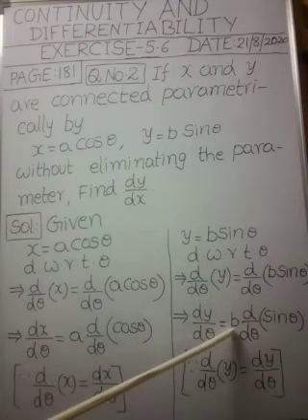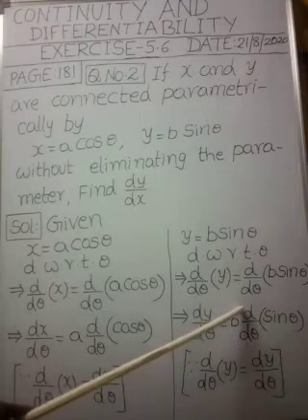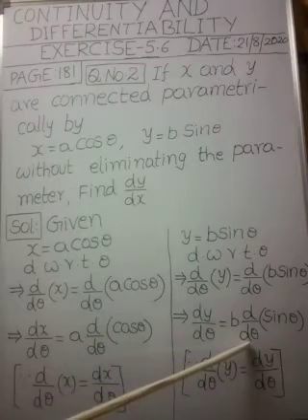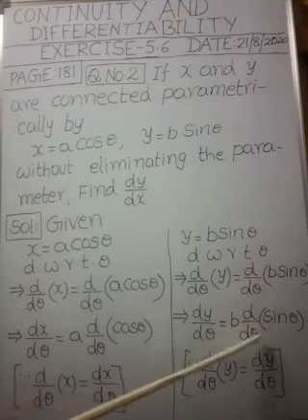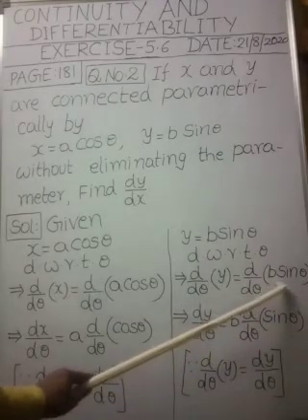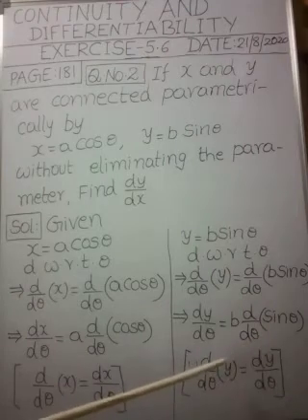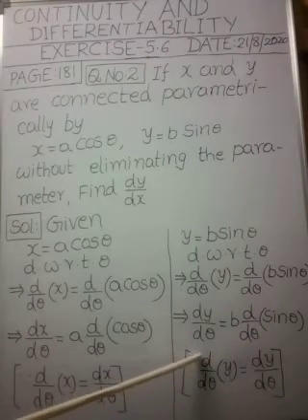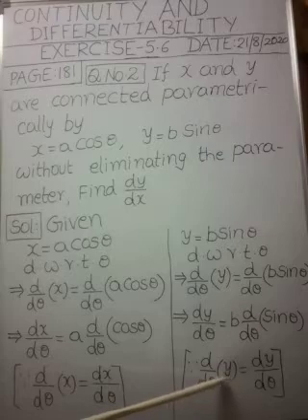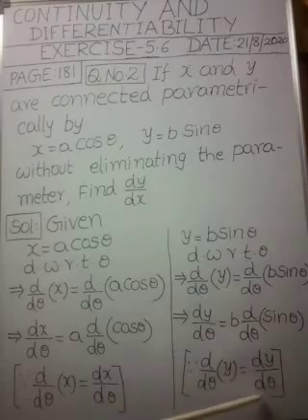So I wrote b outside, before the differential operator. After that I wrote d by d theta, the differential operator, of what is left here? Sin theta. I wrote the reason also, because d by d theta of y is equal to dy by d theta.